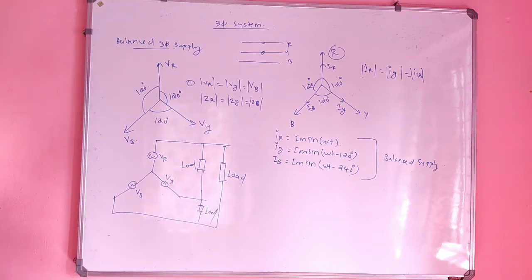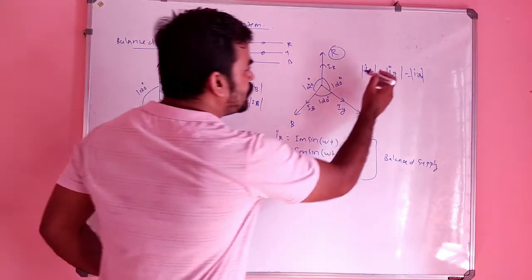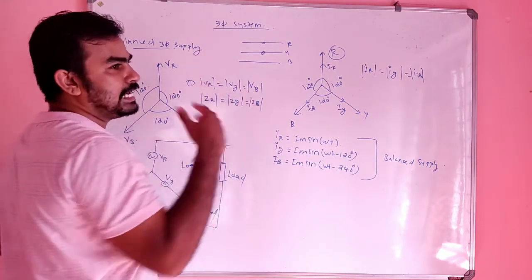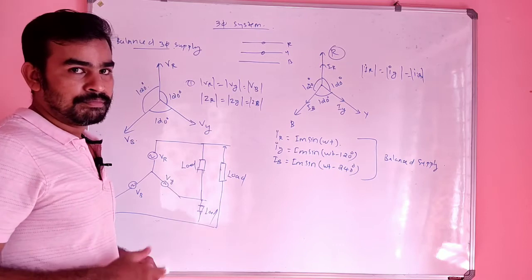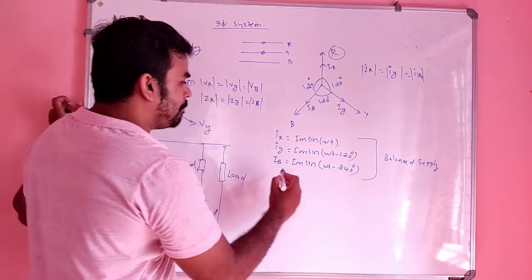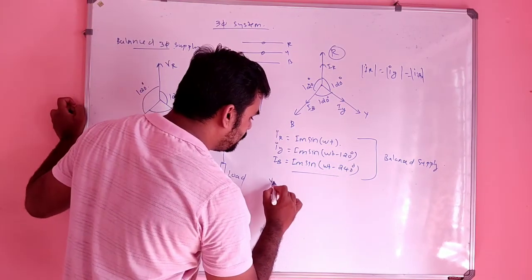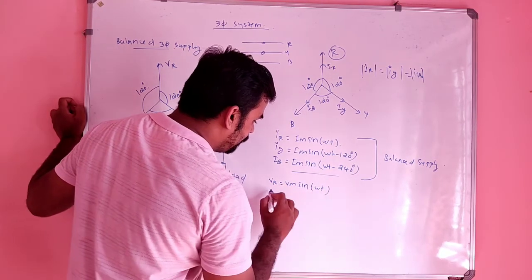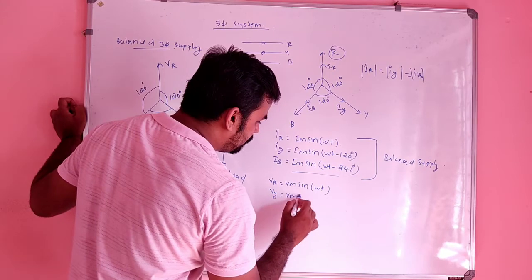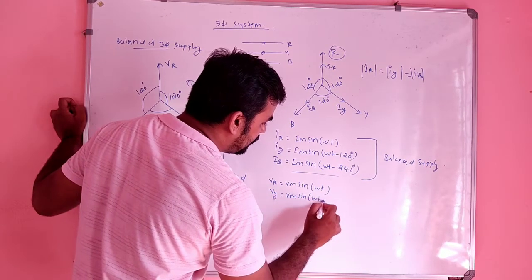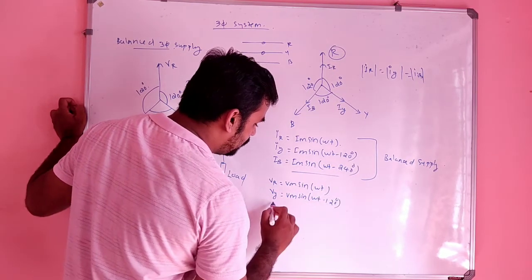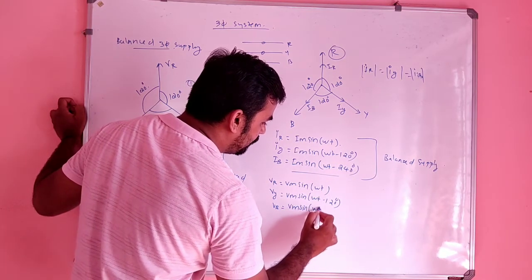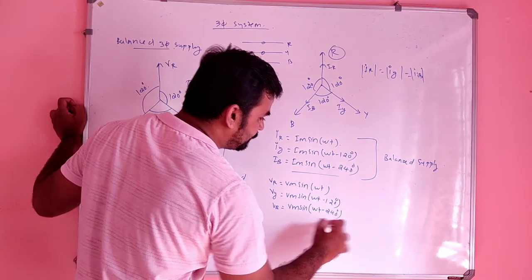Why? Because even though the magnitude of voltages are the same, VR equal to Vm sin omega t, Vy is equal to Vm sin of omega t minus 120, and Vb is equal to Vm sin of omega t minus 240.